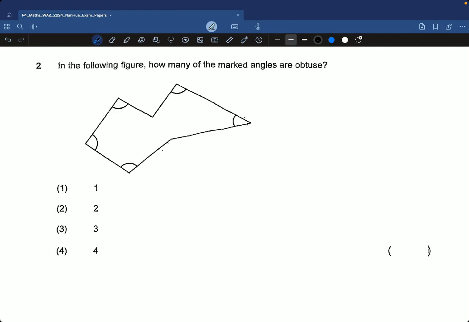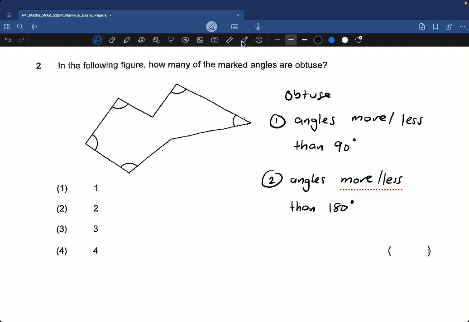Question 2. In the following figure, how many of the marked angles are obtuse? So what is obtuse? There are two parts to obtuse. The first part is: is an obtuse angle more or less than 90 degrees?